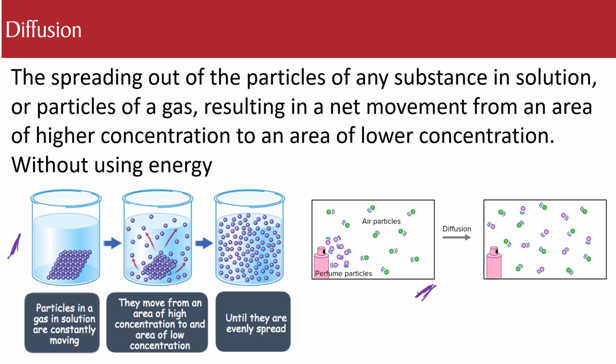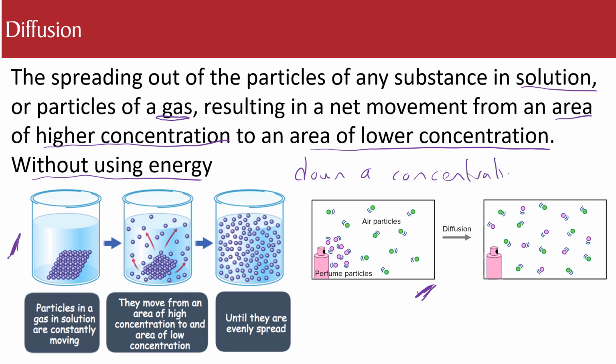Diffusion is the spreading out of particles of any substance in solution or a gas, resulting in the movement from an area of higher concentration to an area of lower concentration without using energy. And I'll also add in: down a concentration gradient. So what that means is it goes from a high concentration to a low concentration.